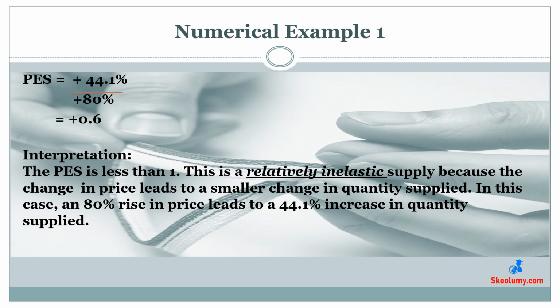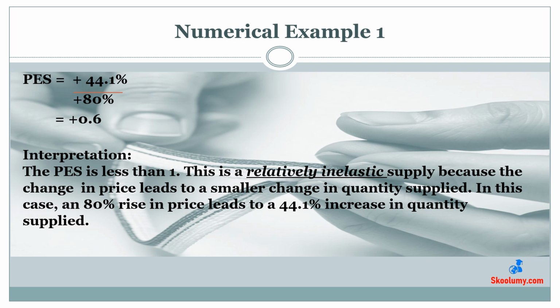The PES of 0.6 is less than 1. This is known as relatively, or fairly inelastic supply. It means that a price change, an 80% increase, leads to a smaller change in quantity supplied, a 44.1% rise. An inelastic supply means the quantity supplied is less responsive to a price change.